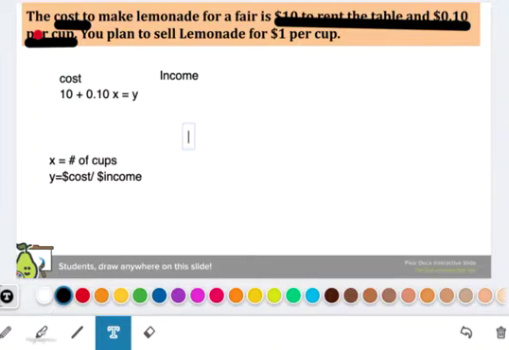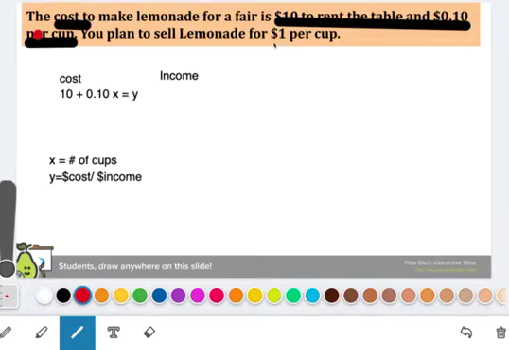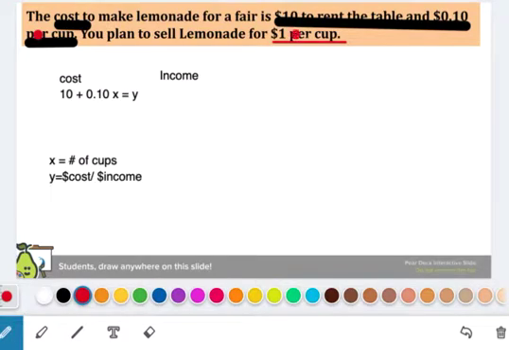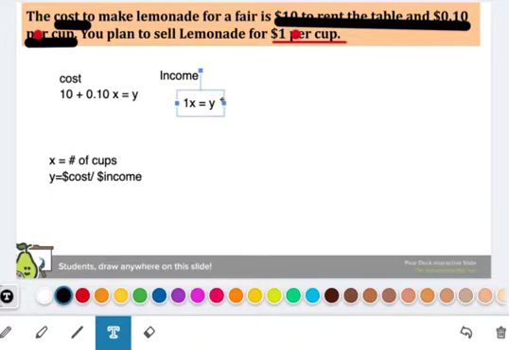The income you're making on lemonade is $1 per cup, and per means times. So your income is 1 times the number of cups. $1 per cup, instead of C use X for the number of cups, equals your total income.